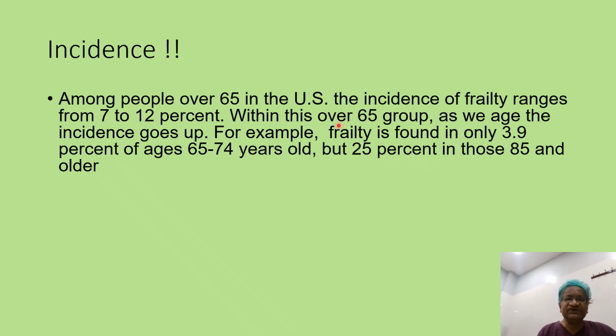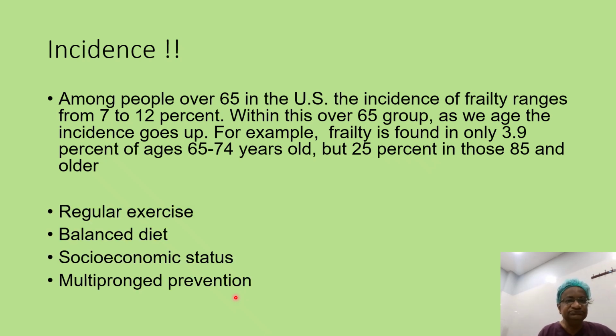Among people over 65 in the US, the incidence of frailty ranges from 7 to 12%, and it's around 4 to 5% from 65 to 85, and we don't have proper Indian data. So, what all prevents it? Regular exercise, whatever exercise is possible even at 75 years, a balanced diet, and socio-economic status.